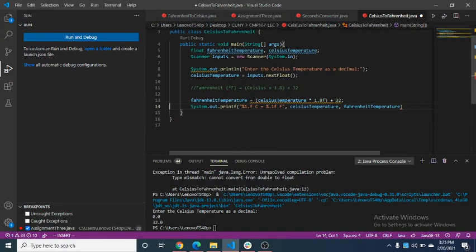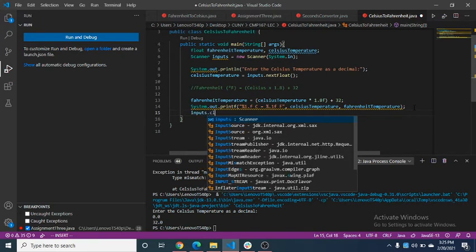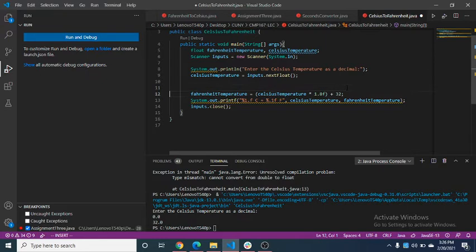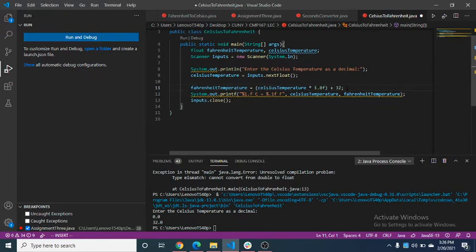All right, and then we just close inputs because we want to close our resources. And we could go ahead and delete this just to make sure the code doesn't have more stuff in there than what's necessary. Okay. Alright, let's run it.